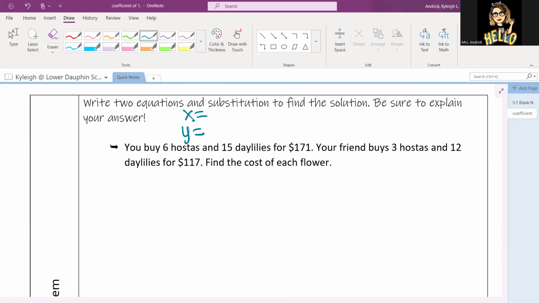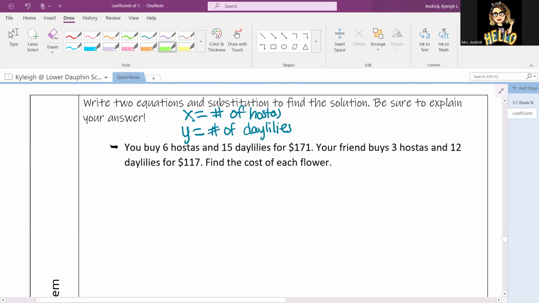Well, we're comparing the two flowers. So the first flower we're talking about is a hosta. So this is the number of hostas. And the other one is daylilies. So the number of daylilies. Okay, so those are the two things we're comparing.